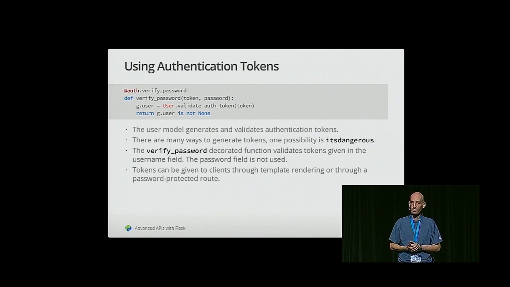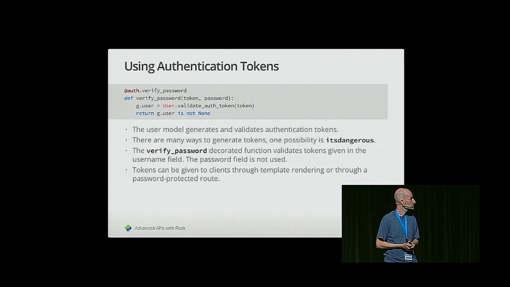You can make them expirable, you can make them permanent, you can make them revocable. There are many ways to do this, and I have one implementation in the source code that you can check out. But essentially, I just replace my verify password handler for Flask HTTP auth with a function that verifies the token. That's it. In this case, I'm passing the token as username in the HTTP authentication headers, and I don't use the password. The password is unused, can be empty.